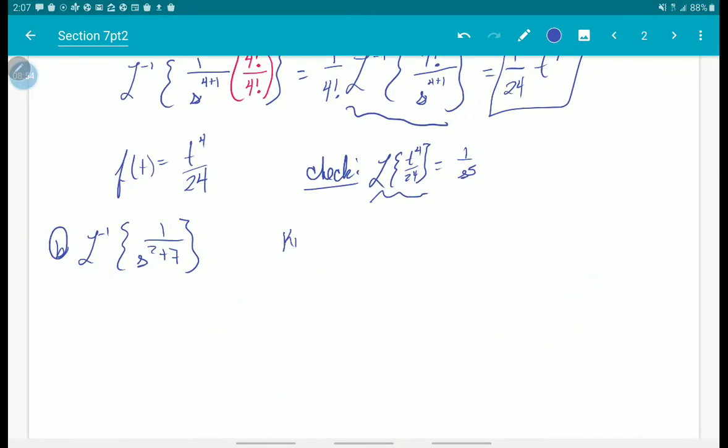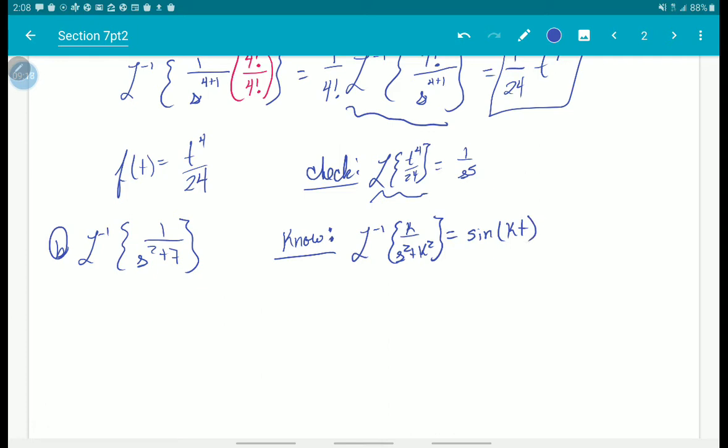So here's what we know. Going from that formula sheet, if we were to take the inverse Laplace of k over s squared plus k squared, then we would end up with the sine of kt.